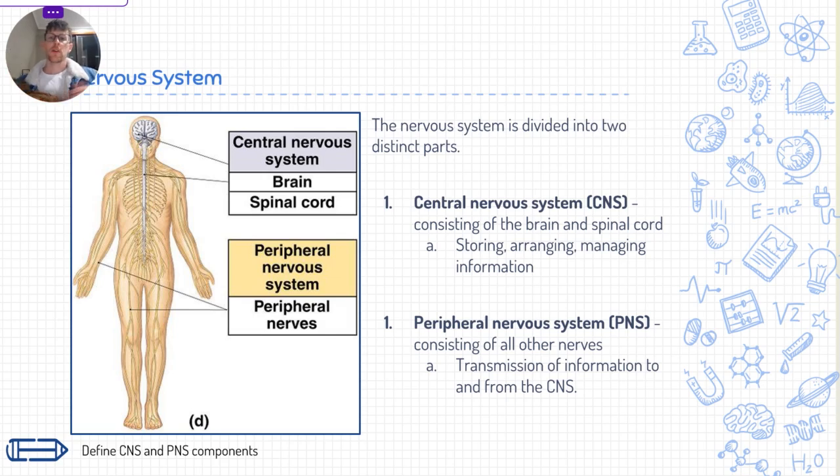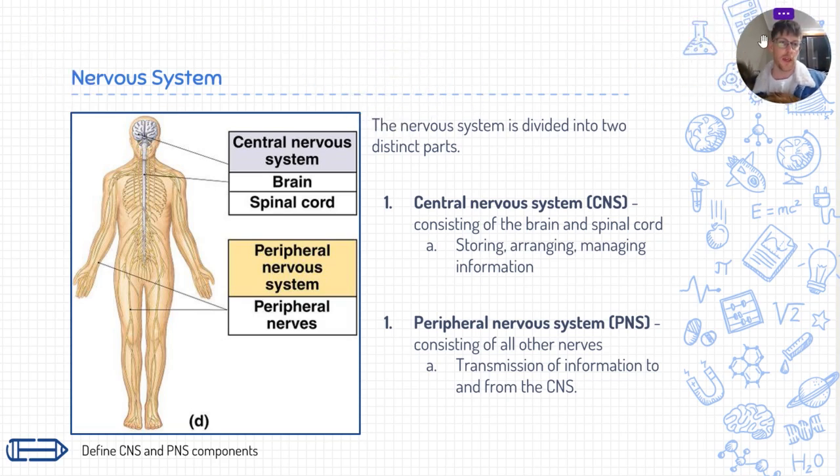All right, so when we have a look at our nervous system, one of the key things that we need to be able to understand is that our nervous system is made up of two subcomponents. So we've got our central nervous system, so the brain and the spinal cord, primarily responsible for storing, arranging, managing information, processing information, and being able to instigate responses that are both conscious and somewhat unconscious.